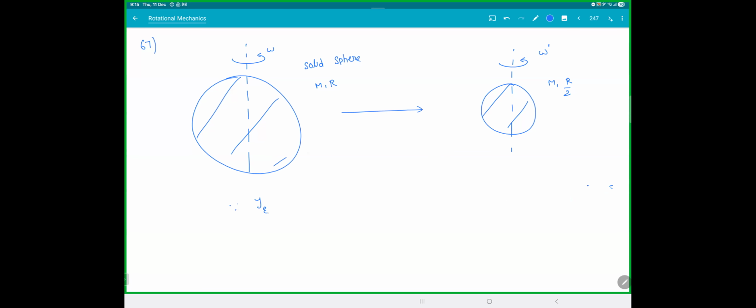Since torque due to external forces is zero, L is constant. I1 omega 1 is equal to I2 omega 2. So initial angular momentum will be 2 by 5 mr square omega. Mass remains the same, radius becomes r by 2 whole square, times omega new. Omega new will be 4 omega. It becomes 4 times faster.